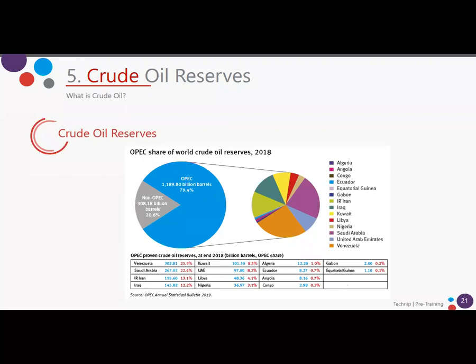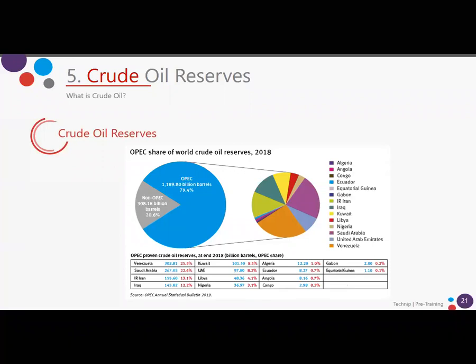So nowadays, despite the increasing proliferation of alternative energy sources, oil production continues to play an important role in the global economy.